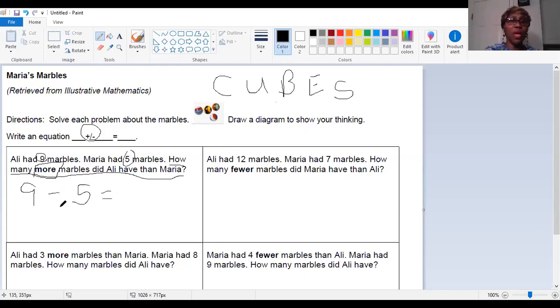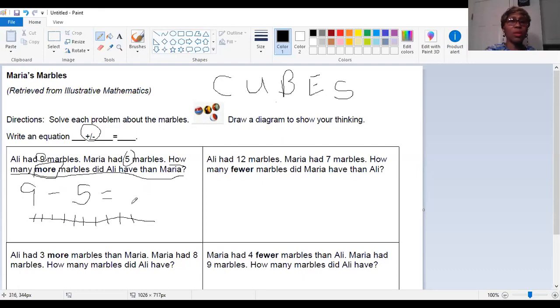And 9 minus 5, let's draw us a number line down here. 1, 2, 3, 4, 5, 6, 7, 8, 9, 10. That's all we need is 10, right? Because we only have 9.